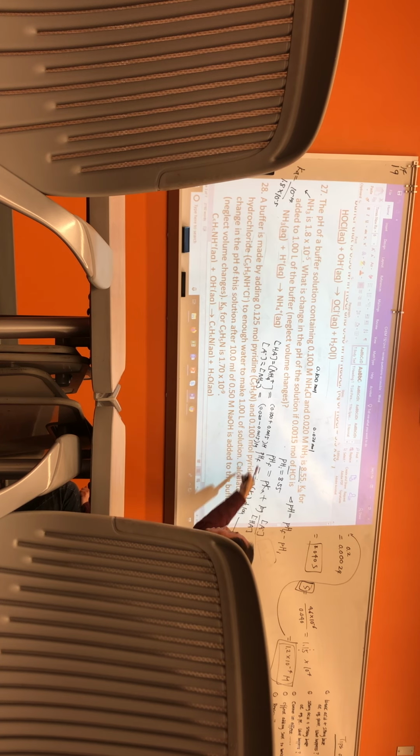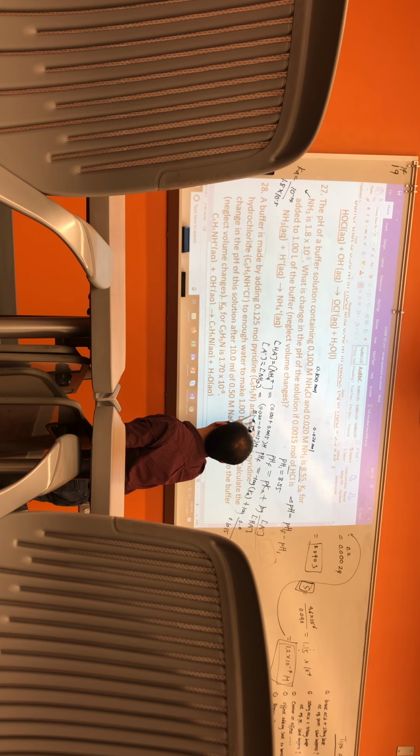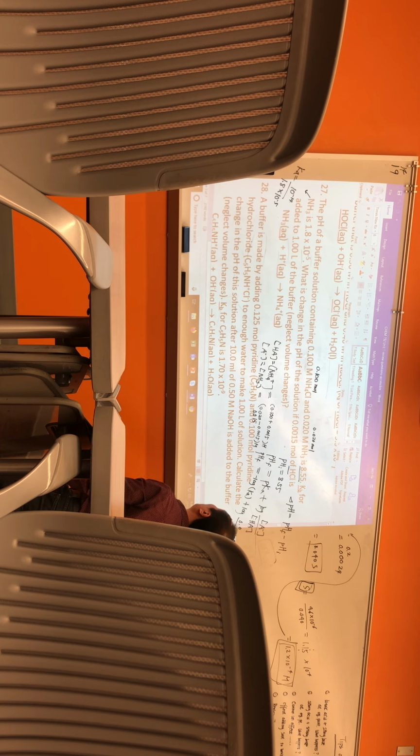The top one is 0.1015. Is that right? Right. And the bottom one is 0.0185.